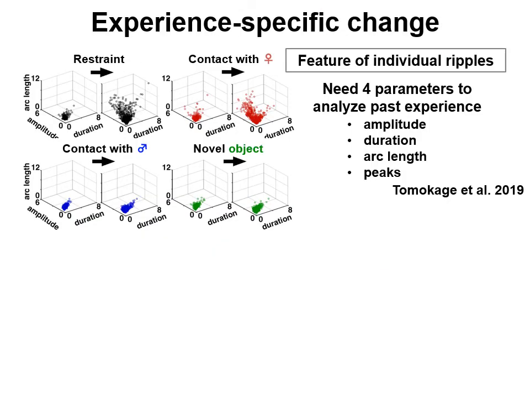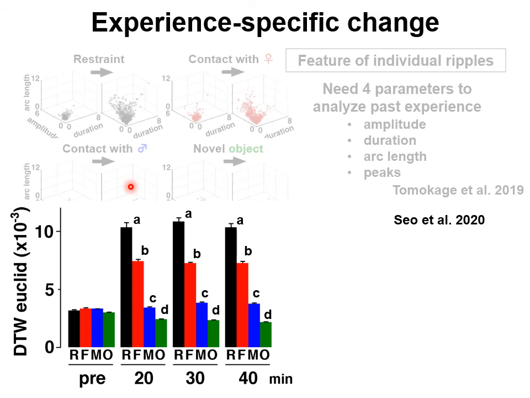This is the summary. In the previous Tomokage's method in 2019, we extracted 4 features from individual ripples, then plotted them 4-dimensionally. By using MANOVA and post-hoc MANOVA, we detected episode-dependent and episode-specific change in the 4-dimensional plot. This was really wonderful for us, but in the present Seo's method in 2020, we comprehensively analyze the similarity of any ripple pairs.